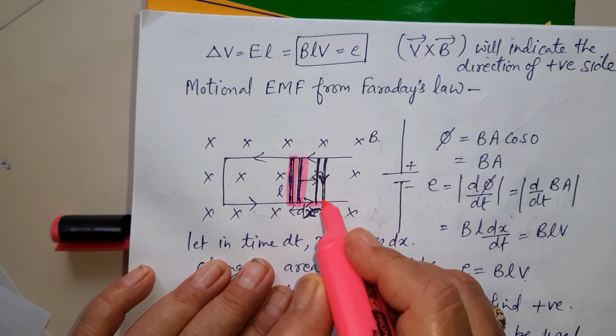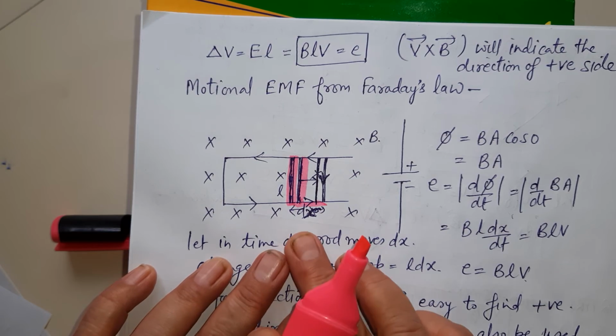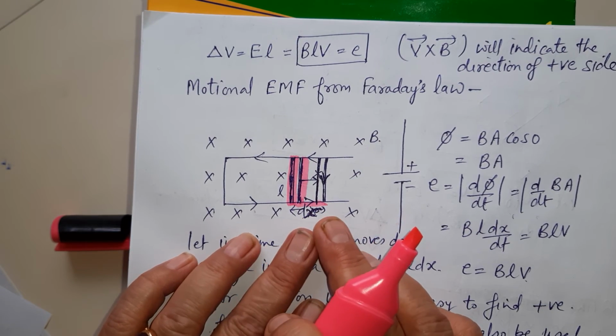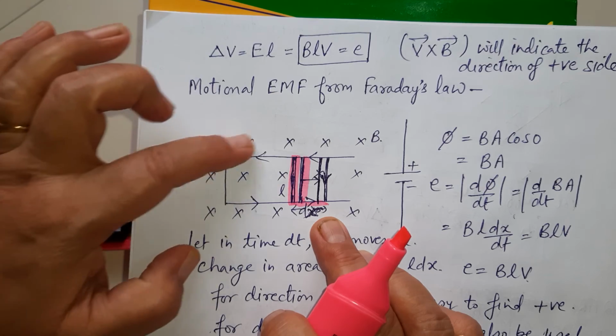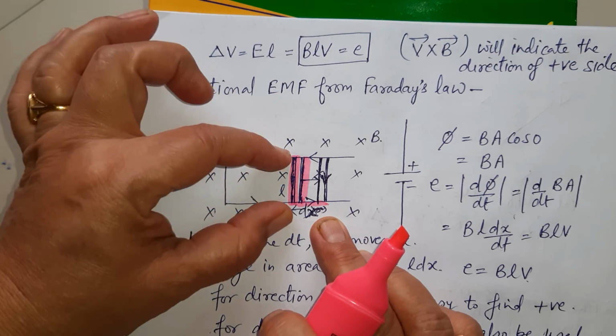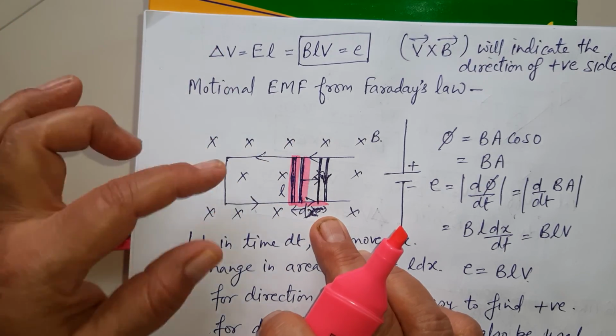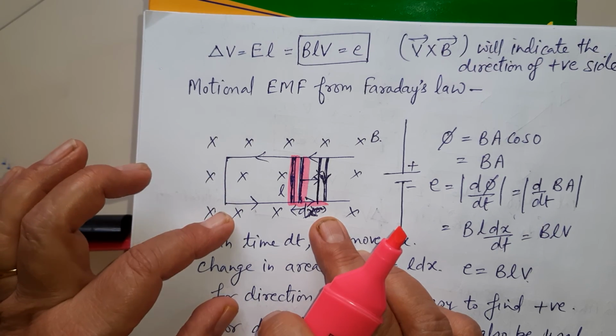When it is moved by the distance dx, the area of this loop will increase. When the area increases, the flux will change.